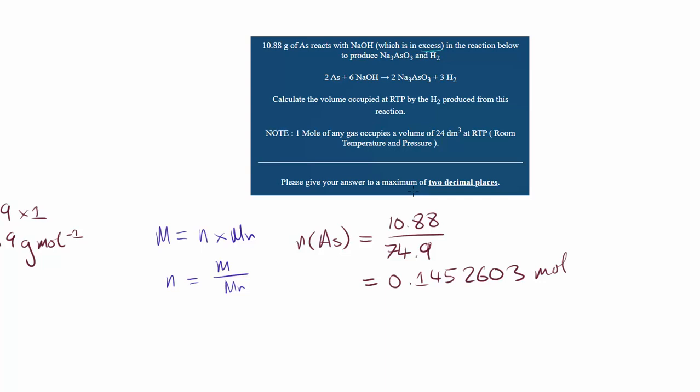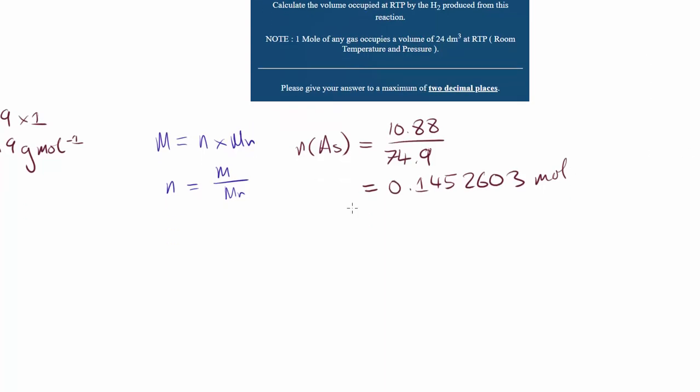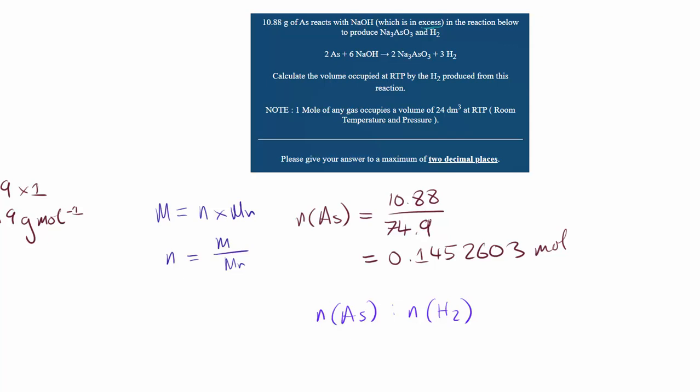And if you look at the equation, what this effectively tells us, so I'm going to set this up as a ratio. It's the number of moles of arsenic compared to the number of moles of H2, right? What the equation tells us is that for every 2 moles of arsenic, we're going to have 3 moles of H2, right?